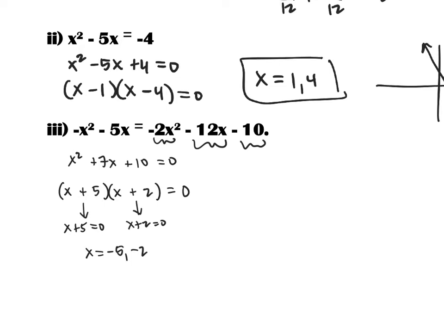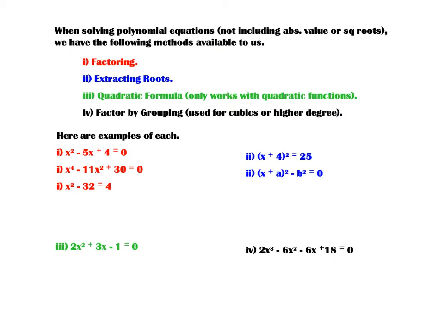We're going to talk a little bit about more methods that we can use to solve these equations. Okay, when solving polynomial equations, not including absolute value or square roots, we have the following methods available to us. One is factoring. We did a couple questions like that on the previous page. 2 is extracting roots. We'll talk about that also here on the next page when I run through these problems you can see below. 3 is the quadratic formula.